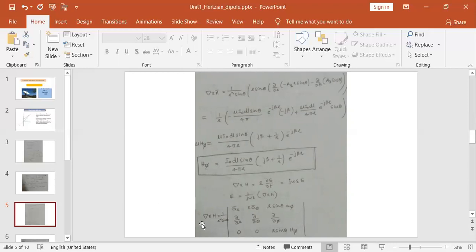In a similar manner, we'll write the matrix and calculate the electric field components also.